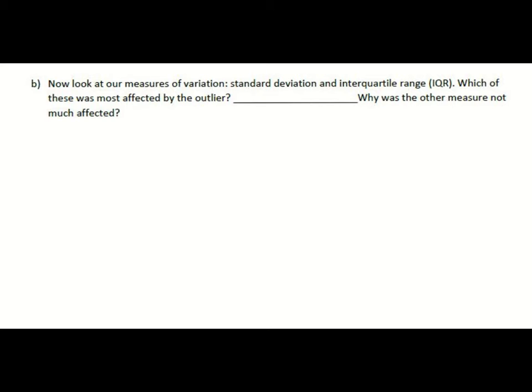All right, now look at our measures of variation, standard deviation and IQR. Which was most affected by the outlier? If we look at the outlier, the IQR went from 20 to 25 and my standard deviation went from 15.23 to 42.04.